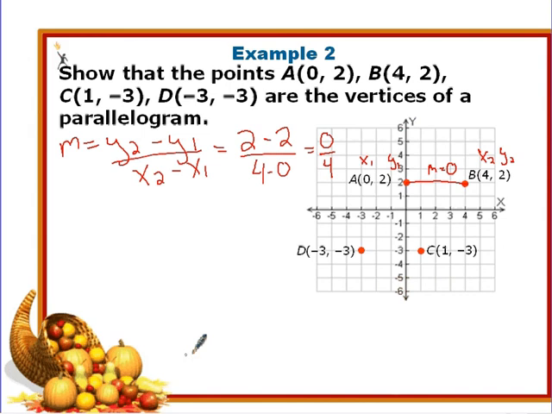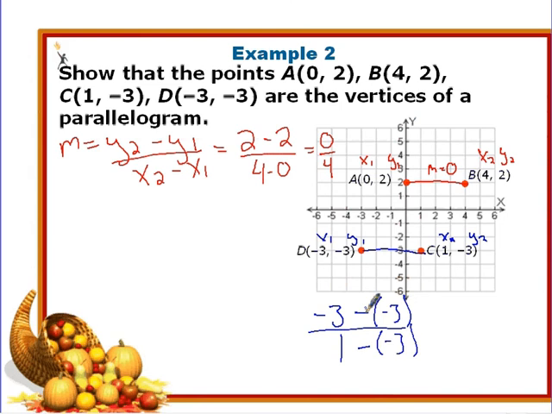Let's look at from here to here. That can be x1, y1, x2, y2. Let's see if those are parallel. So we'll go -3 minus -3. I'm just filling in my slope formula again. Over x2, 1, minus x1, -3.